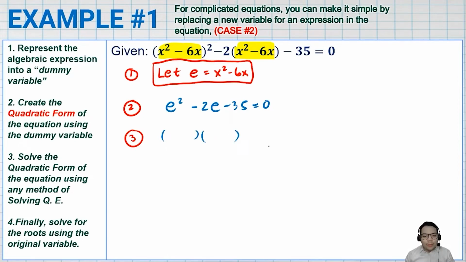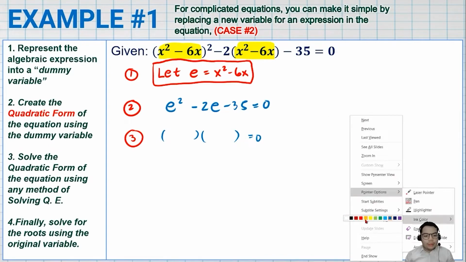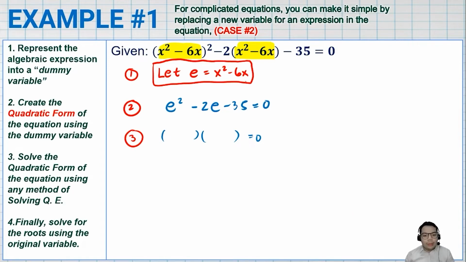So, once again, to factor this one, iisip ka ngayon ng dalawang factors ni 35, or dalawang numbers na mayroong product na negative 35 and sum na negative 2. So, yan. Kung di mo pa master yung factoring, pwede ka pa rin naman mag-quadratic formula. So, in that case, we'll be having negative 7 and positive 5 because negative 7 times positive 5 is negative 35 and negative 7 plus 5 is equal to negative 2. So, yan yung dalawang factors natin.